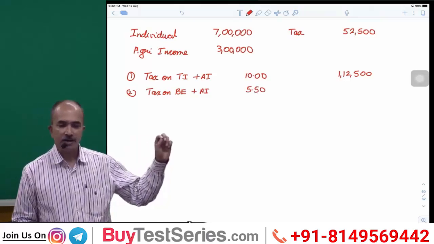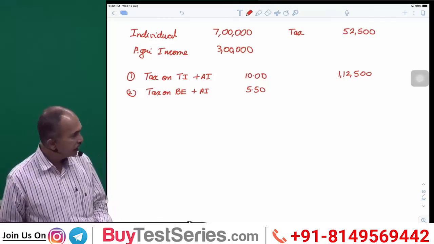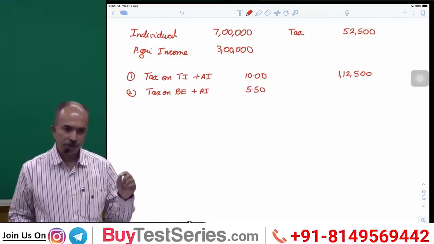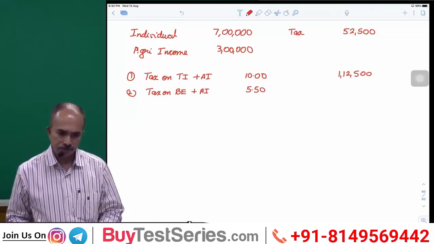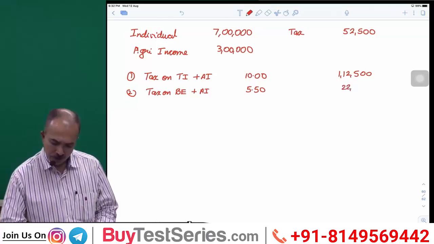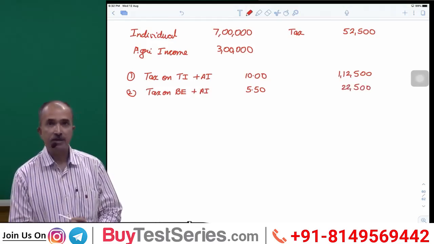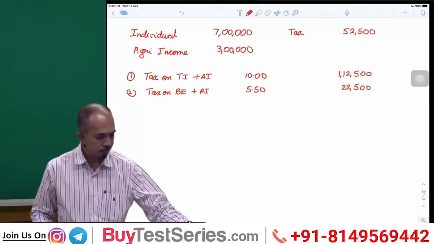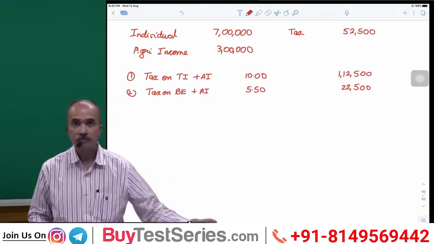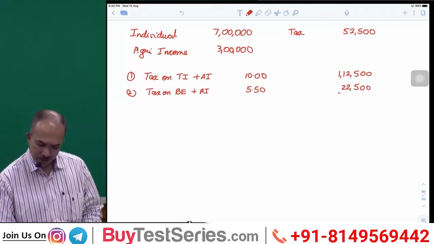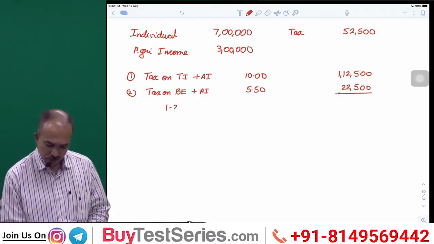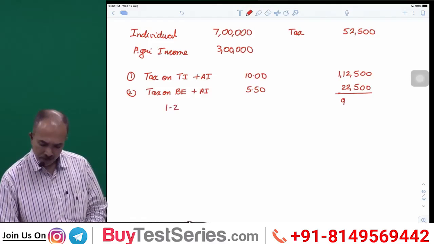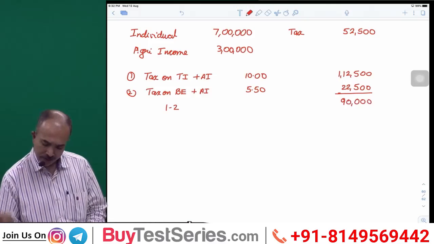First 5 lakh, 12,500. Next 50,000, 20%, 10,000. So 22,500 is the tax. 1 minus 2. Net amount 90,000.